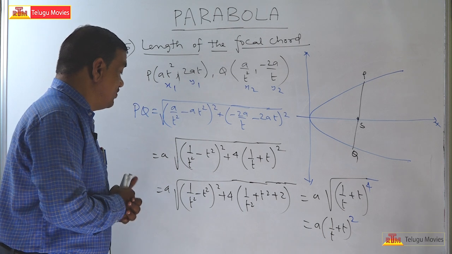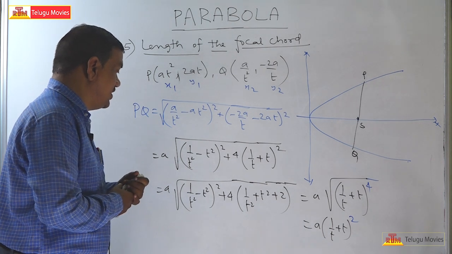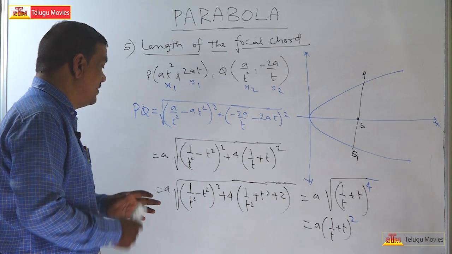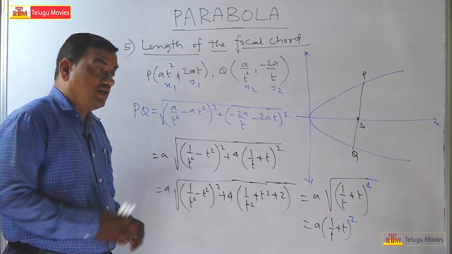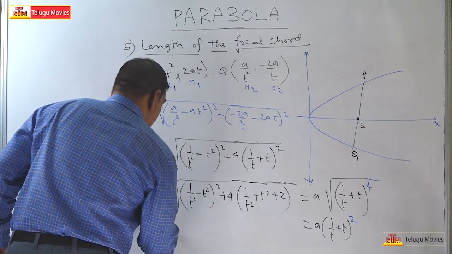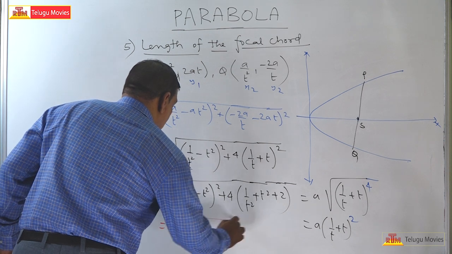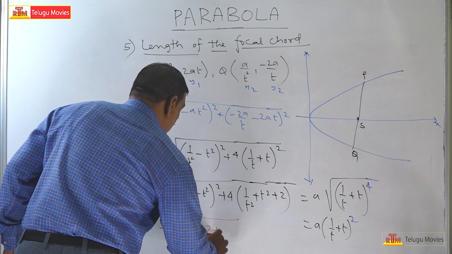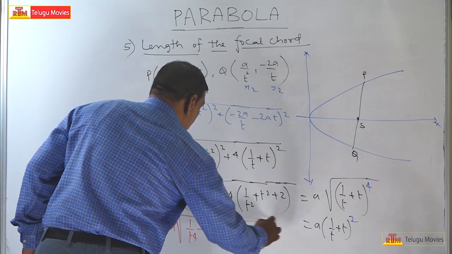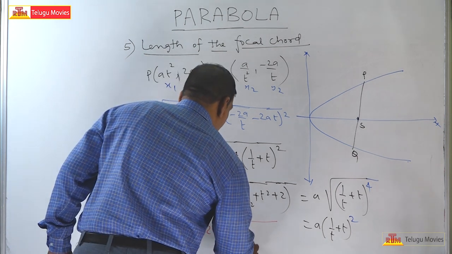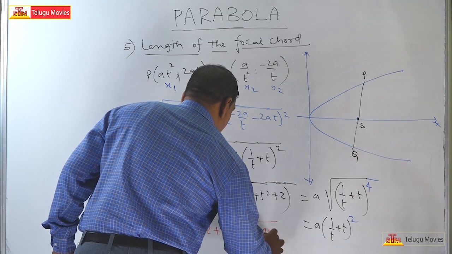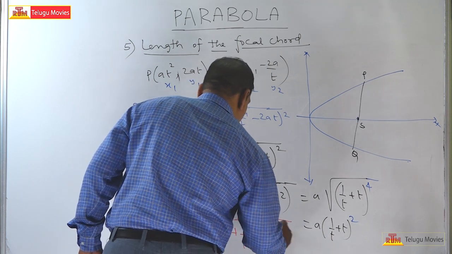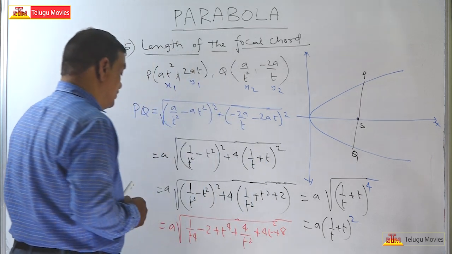Let us check this calculation. If you expand this you will get a into under square root of 1 by t to the power of 4 minus 2 plus t to the power of 4 plus 4 by t square plus 4t square plus 8.